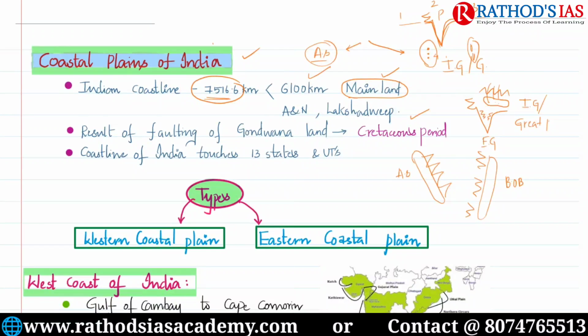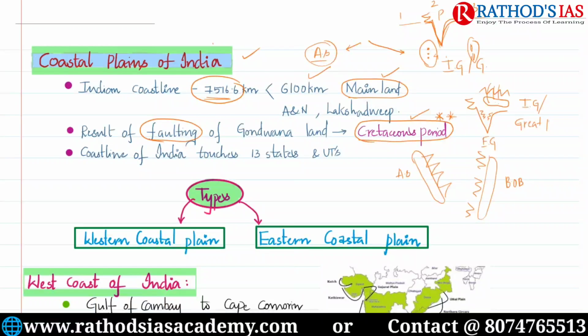What is the important reason for the formation of these coastal plains? The straight and regular coastline of India is a result of faulting. Because of the faulting of Gondwana land, during which period? During the Cretaceous period. This Cretaceous period will also be very important for your prelims.